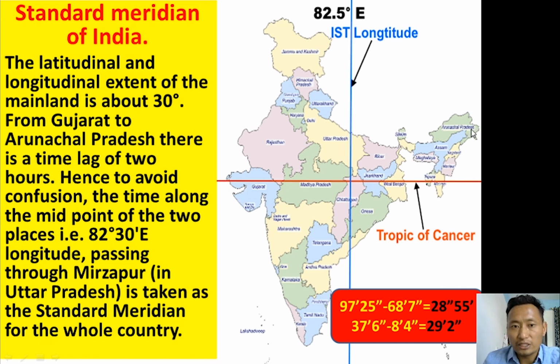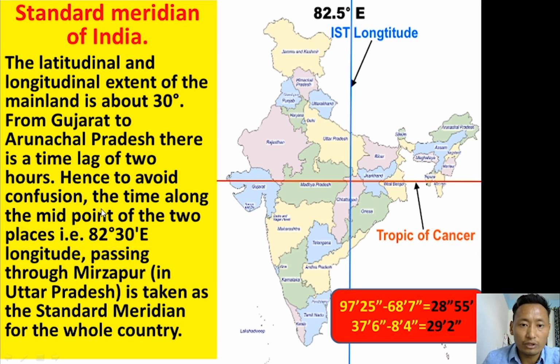From Gujarat to Arunachal Pradesh, there is a time lag of 2 hours. Every 15 degrees of longitude, we have a time difference of 1 hour. So in 30 degrees we have a 2 hour difference.